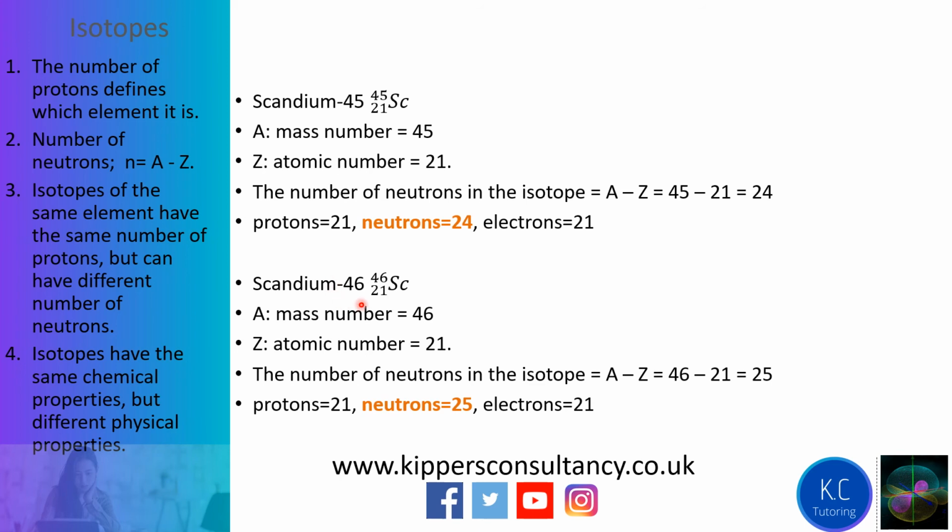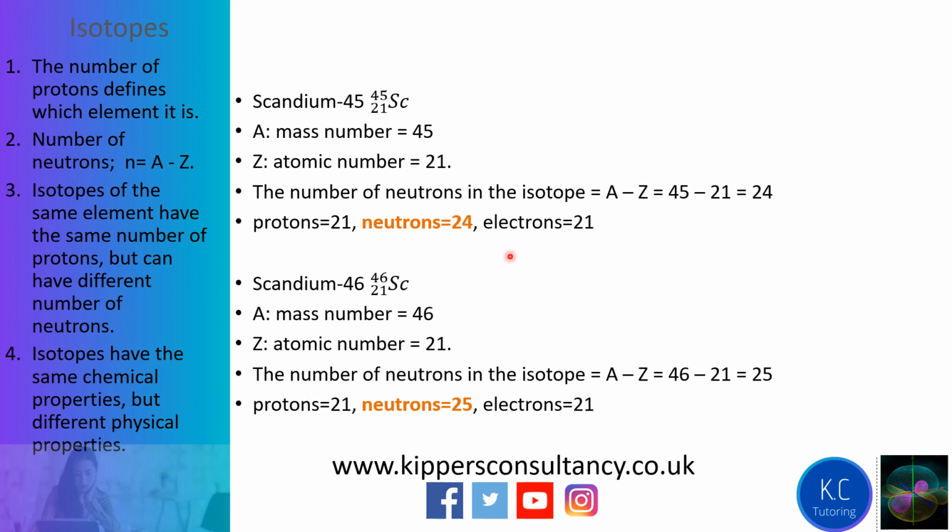Notice that the mass number of scandium 46 is 1 more than scandium 45. Therefore, the number of neutrons in scandium 46 is 1 more than in scandium 45. You'll also notice that the number of protons in both is the same, because all scandium atoms have 21 protons.